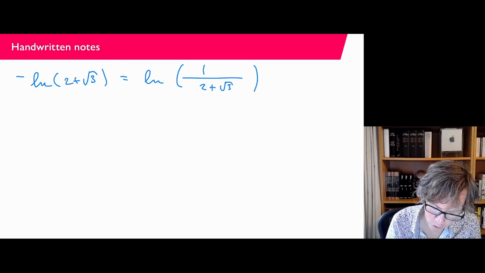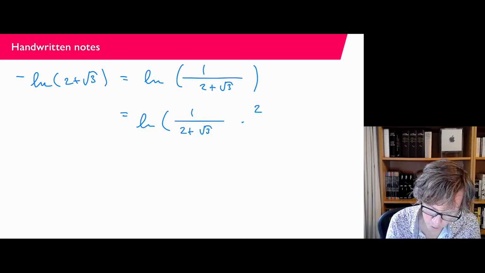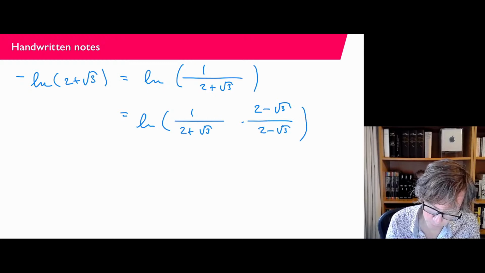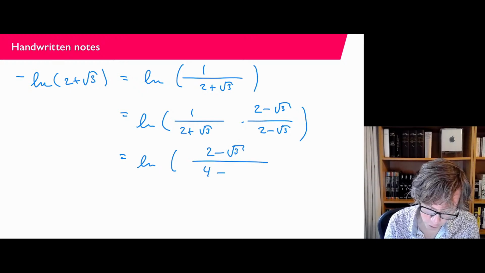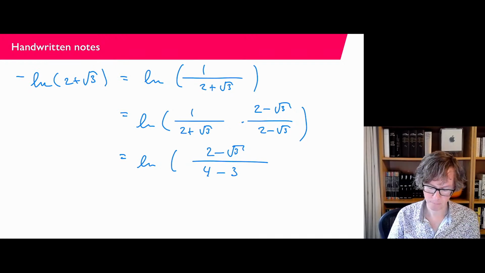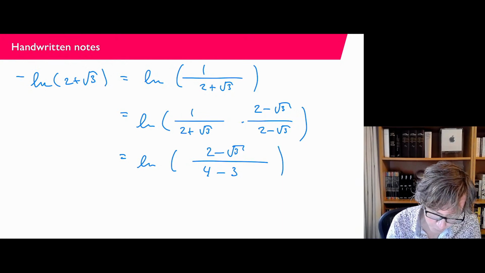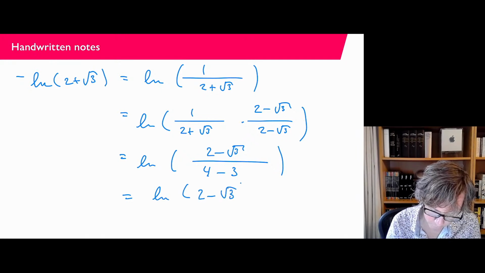That's what we had on the previous slide, which is the ln of 1 over 2 plus square root of 3 times 1. And 1 I'm going to write today as 2 minus square root of 3 over 2 minus square root of 3, like this. And this is the ln of 2 minus square root of 3 divided by 4 minus 3. So 2 times 2 minus square root of 3 times square root of 3. So that equals the ln of 2 minus square root of 3.